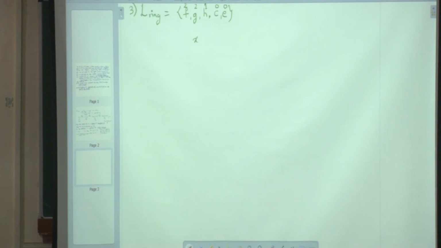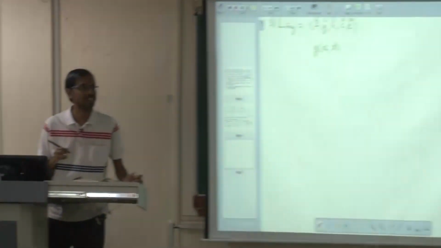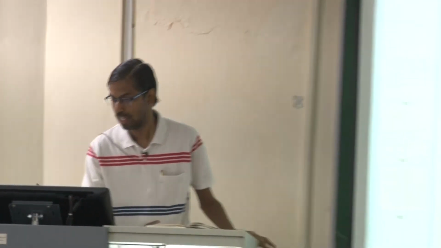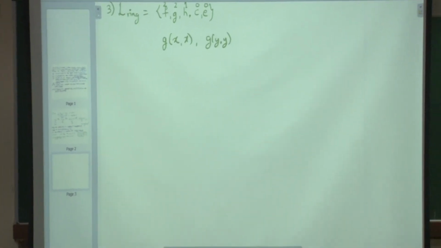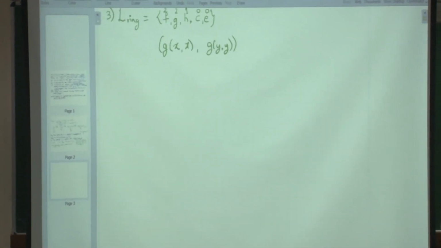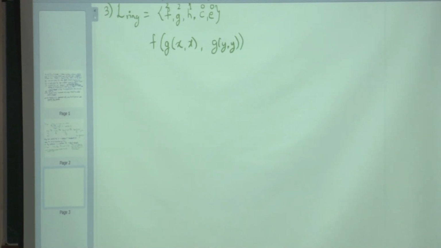So is X a term? Yes? Is Y a term? Then is G of X, X a term? Similarly, G of Y, Y is a term, and then F of that is also a term.